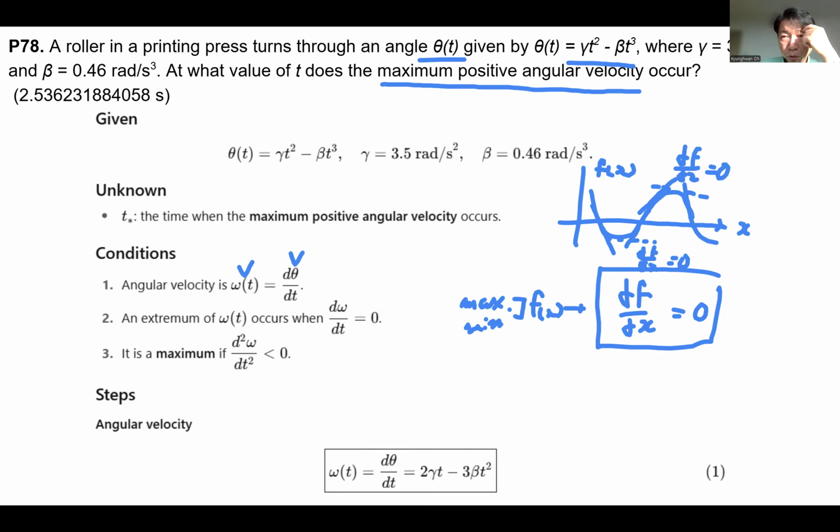That means if you take another derivative, then it should be negative.